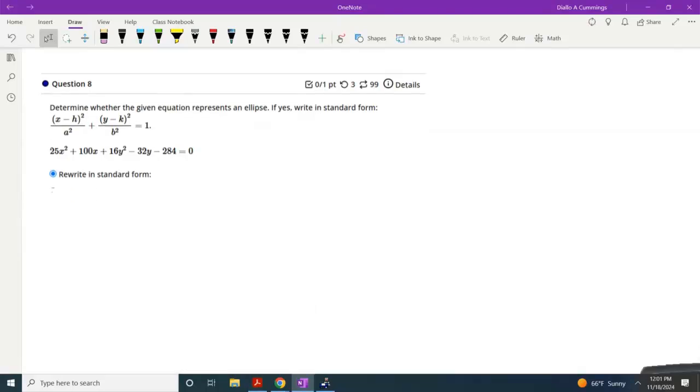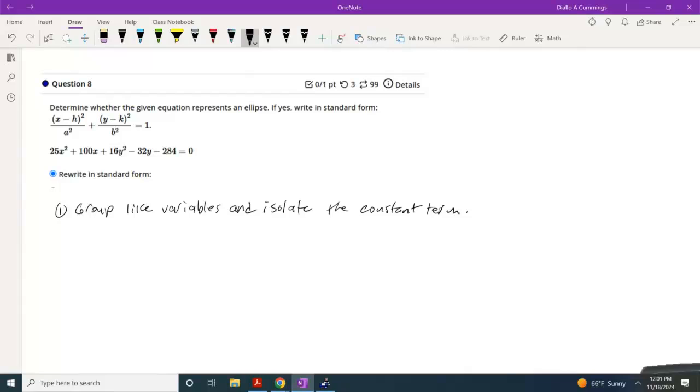So the first thing we want to do is group my like variables and isolate the constant term.